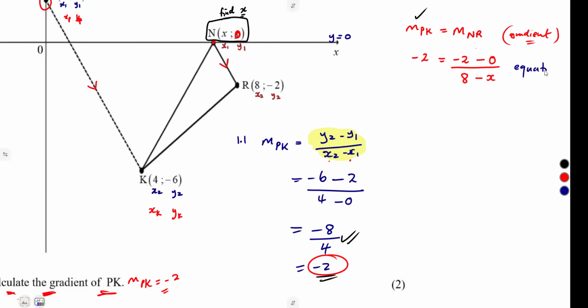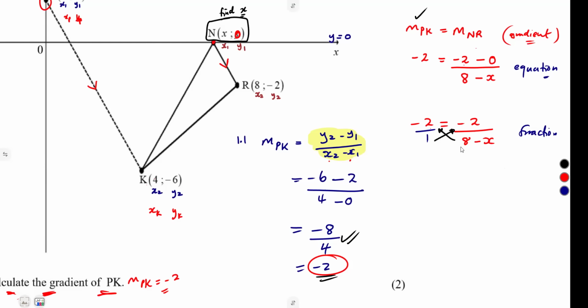So simply solve, all right? But before that, we can simplify. Negative 2 is equal to minus 2 minus 0, that's a minus 2 over 8 minus x. Since we have a fraction, let us consider also the other side of the equation as over 1 so that it is also a fraction. And this allows you to cross multiply.